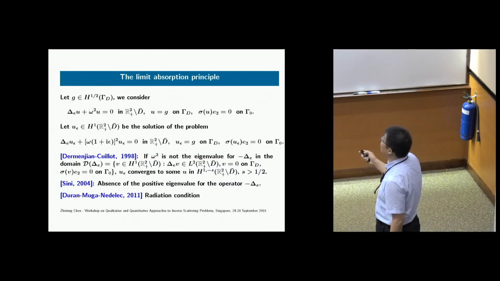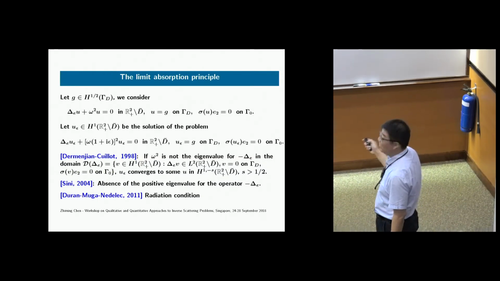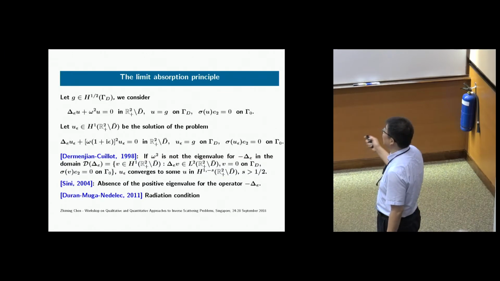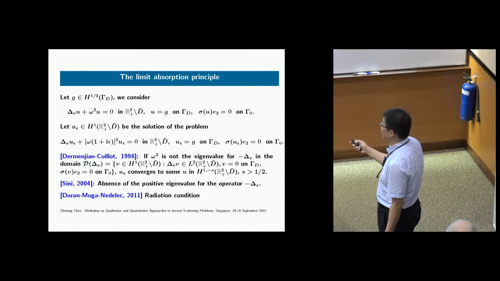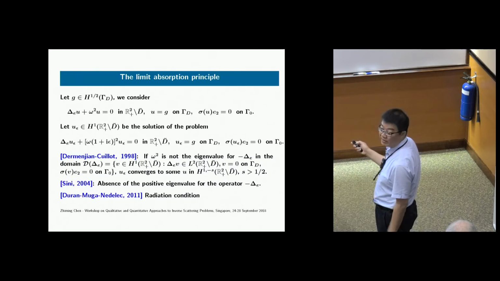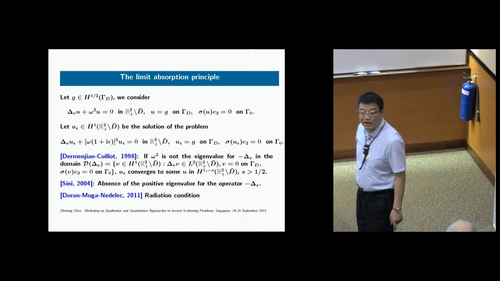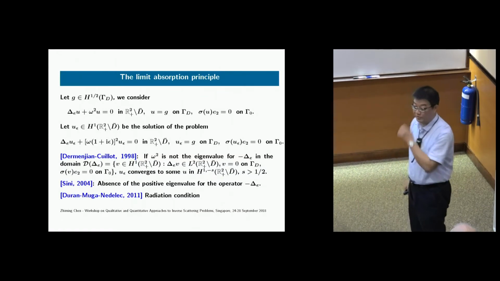Okay, so now how to define a solution, the scattering solution of this half space elastic problem? The idea is that we add some positive absorption in the frequency. Then this problem certainly has a unique solution by Lax-Milgram. Then you study the limit as epsilon goes to 0 and define this as the solution of the original scattering problem. Certainly the limit is very hard to prove to exist.